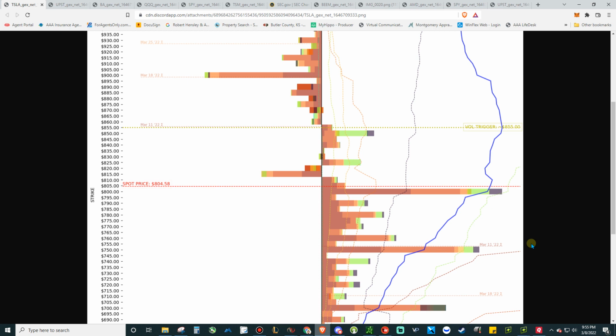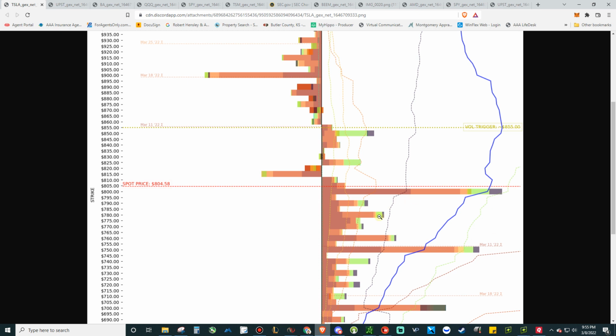So understanding where the big gamma is, you'll have a better understanding of where price is likely to trade towards by that expiration, because that's what the market maker is trying to do. They're hedging the price towards those big gamma levels.